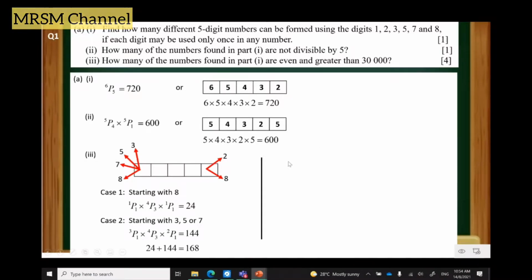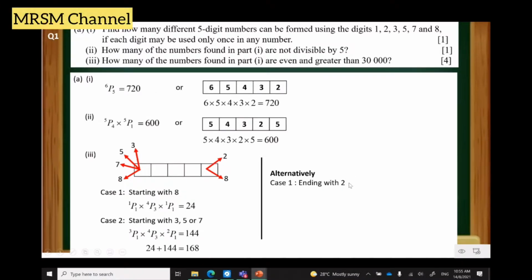Or alternatively, we don't want to consider starting as a case. Can we decide on the back instead? Yes. So the first case is ending with 2.